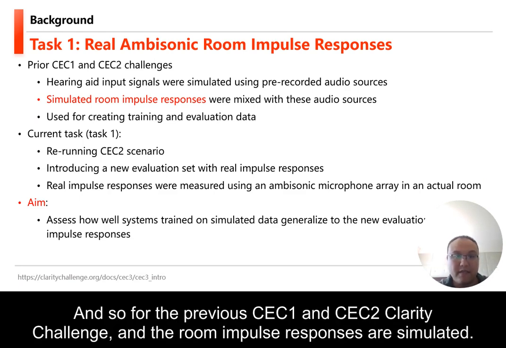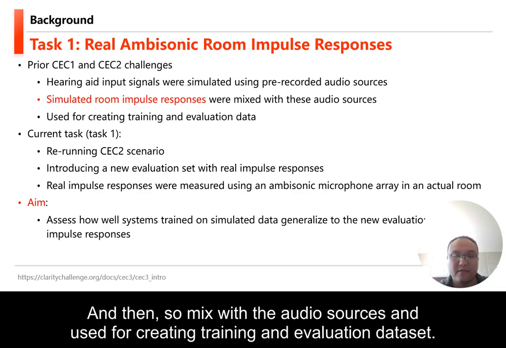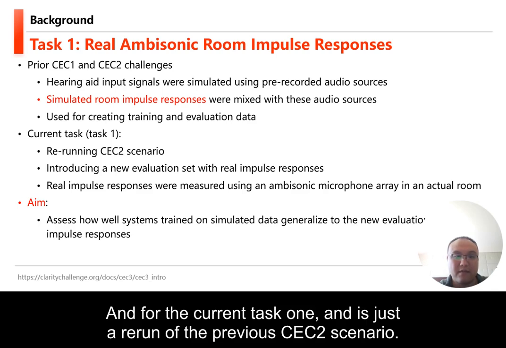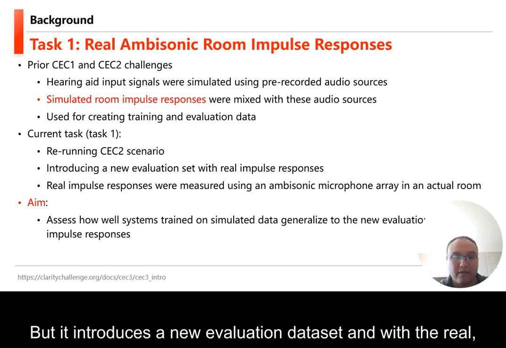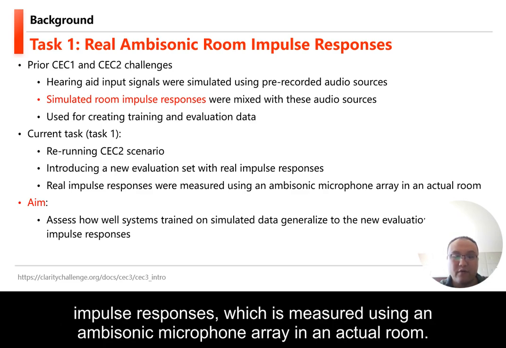For the previous CEC1 and CEC2 Clarity challenges, the room impulse responses are simulated and then mixed with the audio sources and used for creating the training and evaluation datasets. But the current task 1 just reruns the previous CEC2 scenario, but it introduces a new evaluation dataset with real impulse responses, which is measured using an ambisonic microphone array in the actual room.